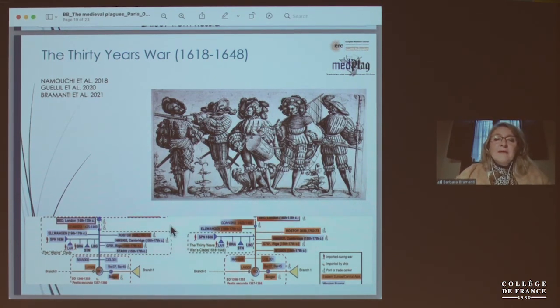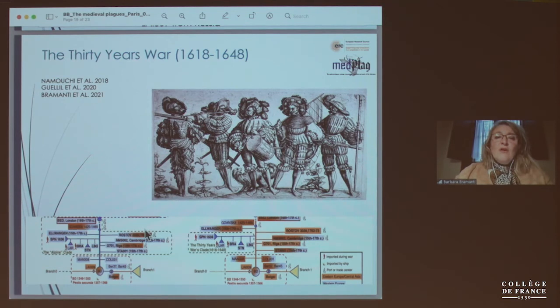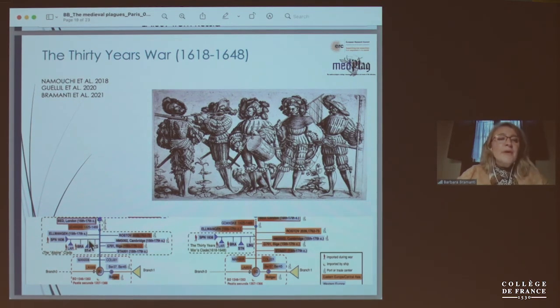So the hypothesis of the persistence of plague in a local West European reservoir is also based on the presence of several strains or genomes found in Middle Europe.